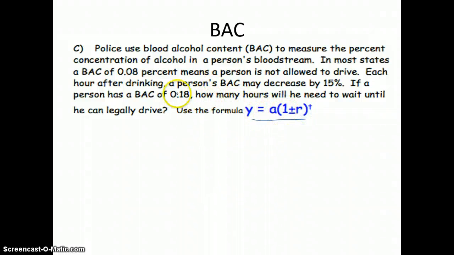If we're talking about BAC starting at a certain point and going down, we are talking about a decay model. So we are going to use A times 1 minus R to the T, and now we have to identify what's given. Each hour it may decrease by 15%, so our rate is 0.15.